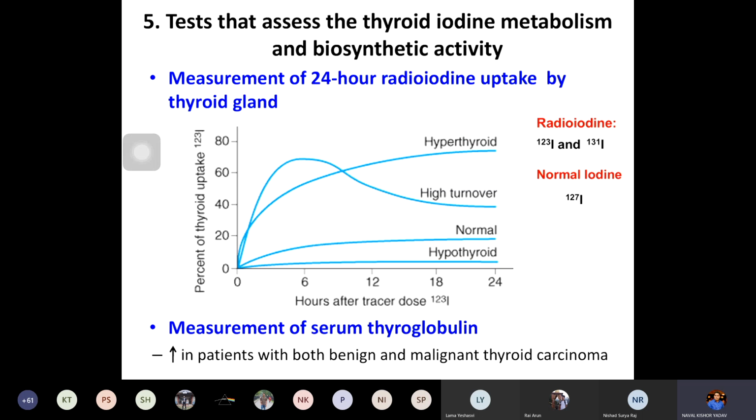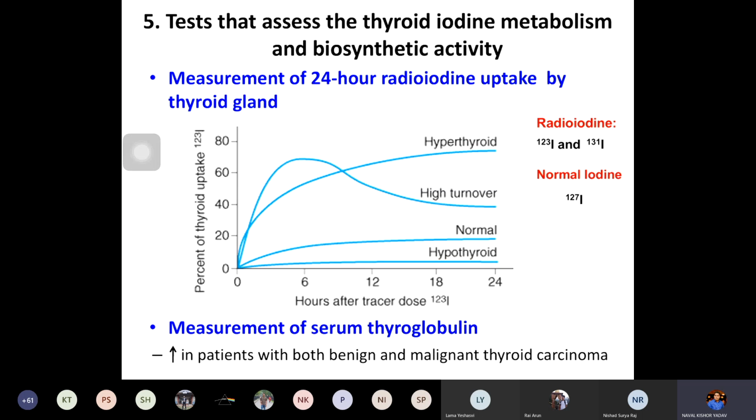So these four parameters are generally performed to know the status of thyroid glands and thyroid hormones: free T3, free T4, TSH, and if required, anti-TPO. These four are routinely performed in the laboratory to know the status of thyroid hormones.